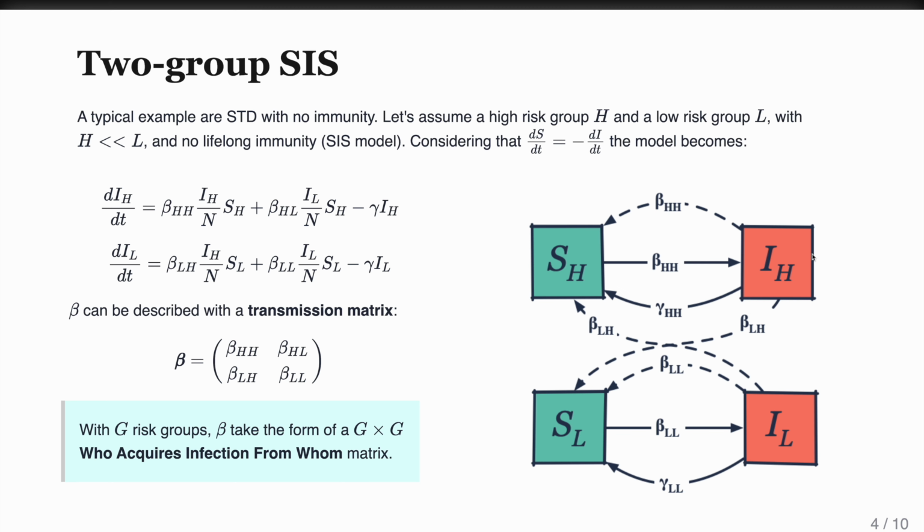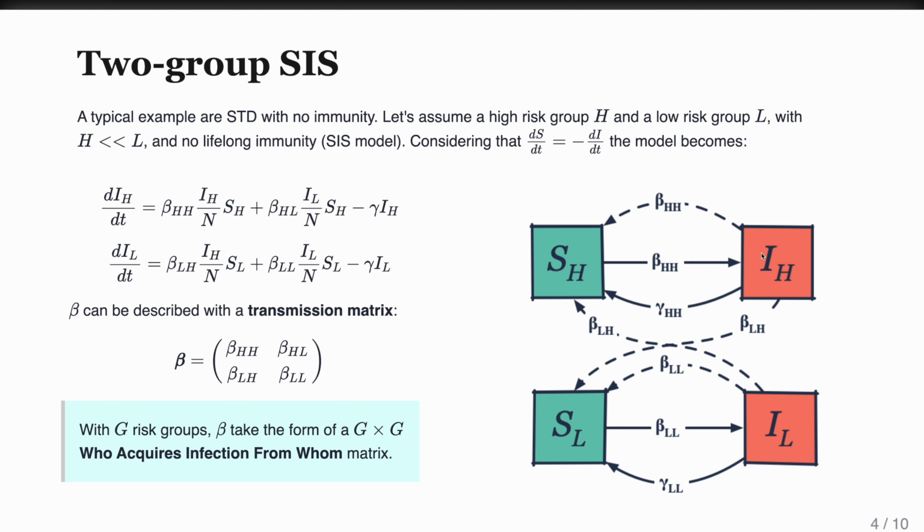Okay, this is a diagram of the model. We see that we have two groups of individuals, the high risk and the low risk, and the susceptible people in the high risk can become infectious people in the high risk group. The same for the susceptible people in the low risk group.